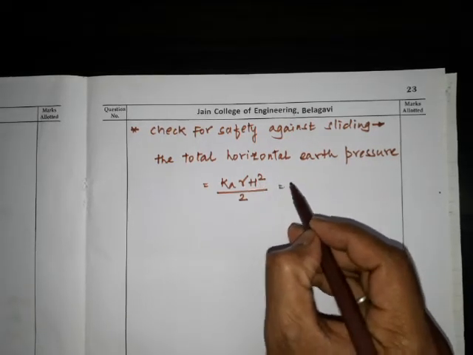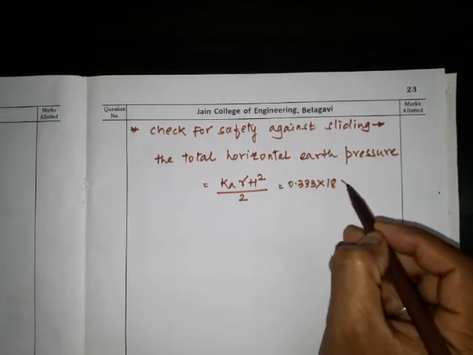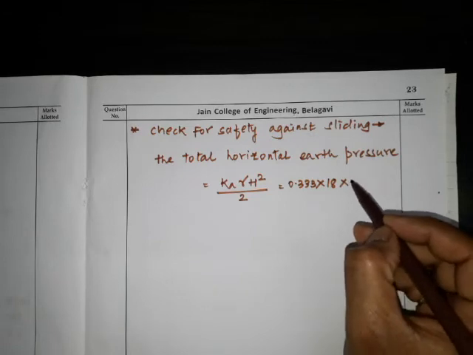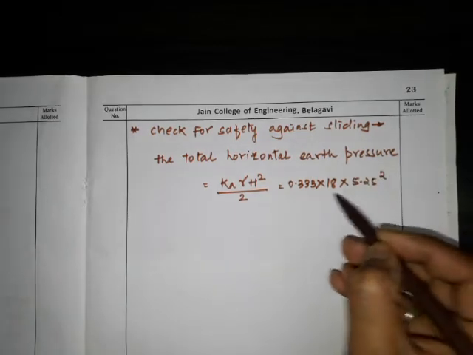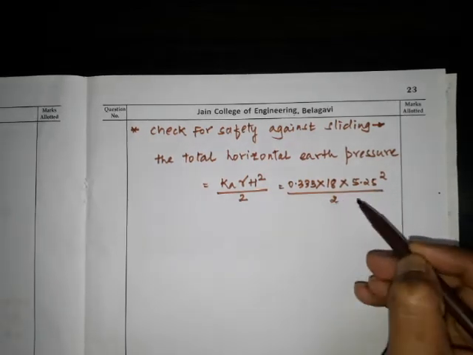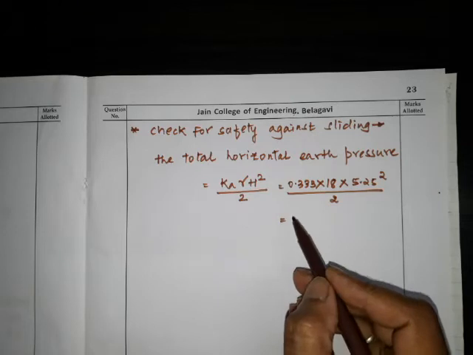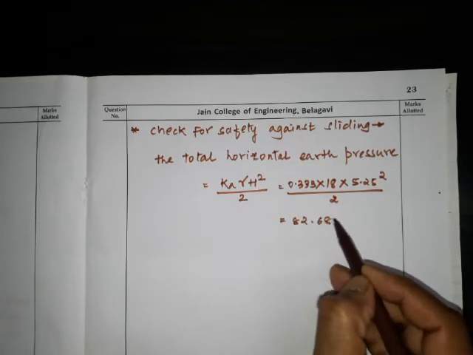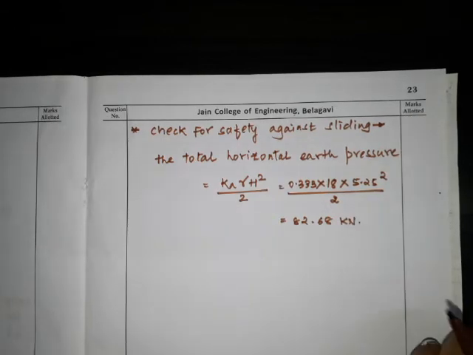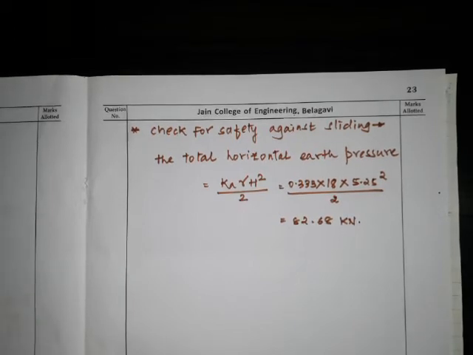So K is 0.333, gamma is 18, height is 5.25 square by 2. So we get the total pressure acting on the retaining wall as 82.68 kilonewton.